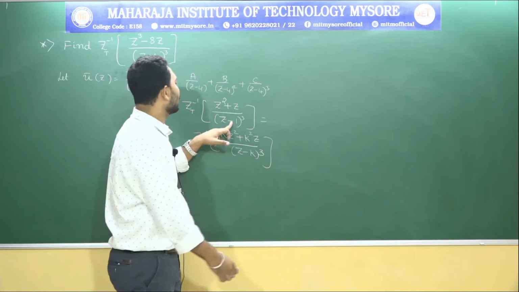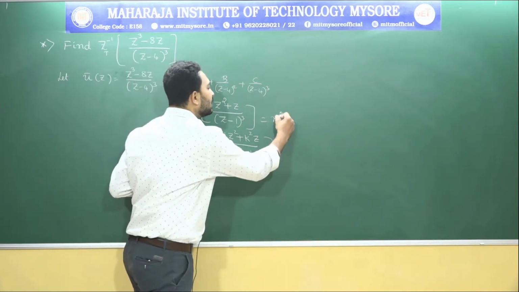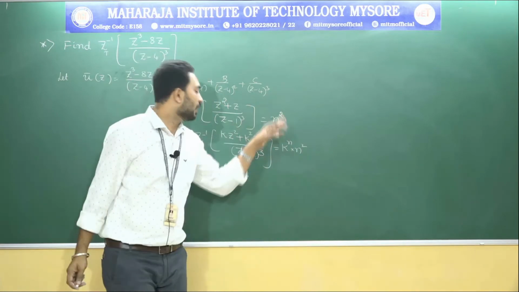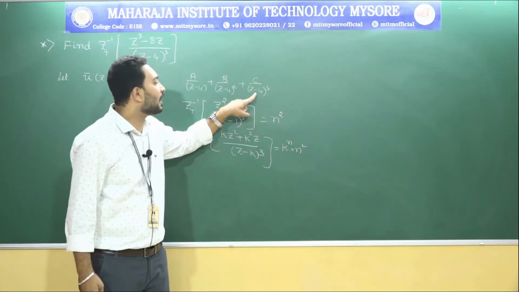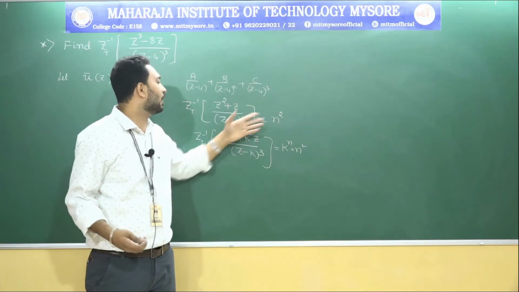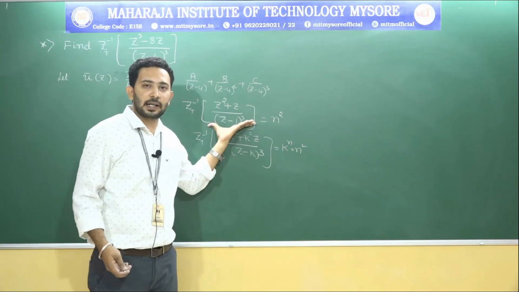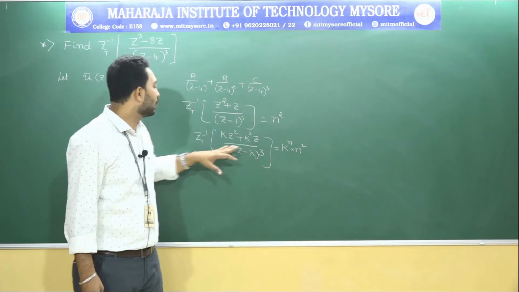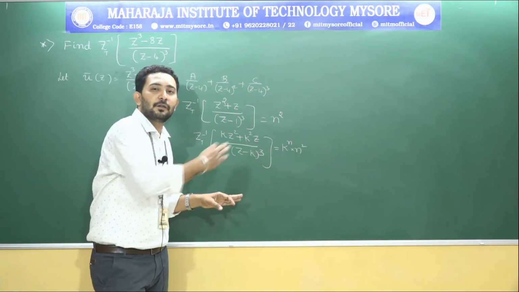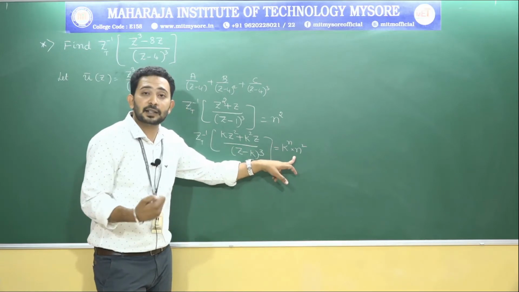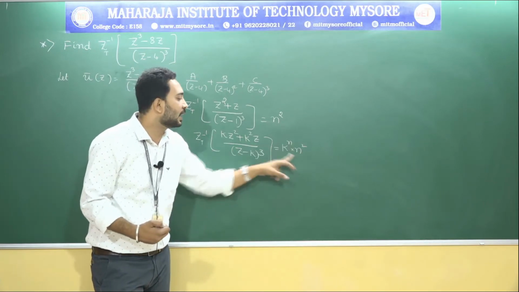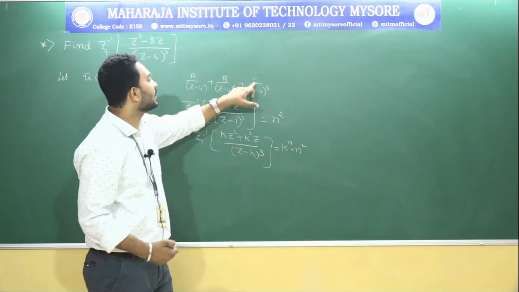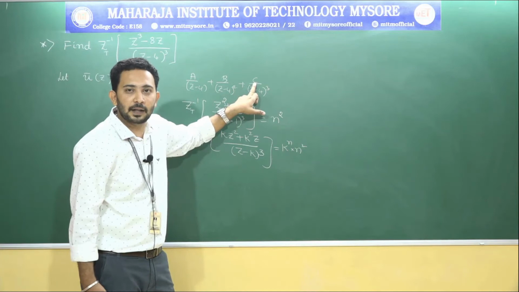The inverse z transformation for this is n square and for this is k power n into n square. If we have z minus 1 whole cube here, then we can take this one directly. But here we have some value, that is 4. So in the final result, we'll get our inverse z transformation as something into k power n into n square. That something value is constant c value.